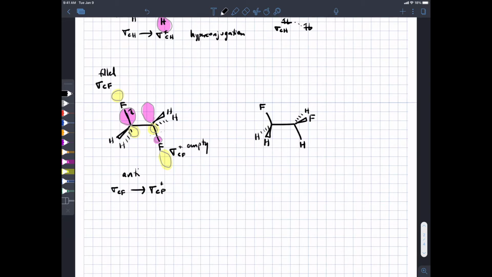Okay? In that conformation, the empty antibonding orbital that would line up with this filled carbon-fluorine sigma bonding orbital would no longer be the carbon-fluorine sigma star. Rather, it would be the carbon-hydrogen sigma star.